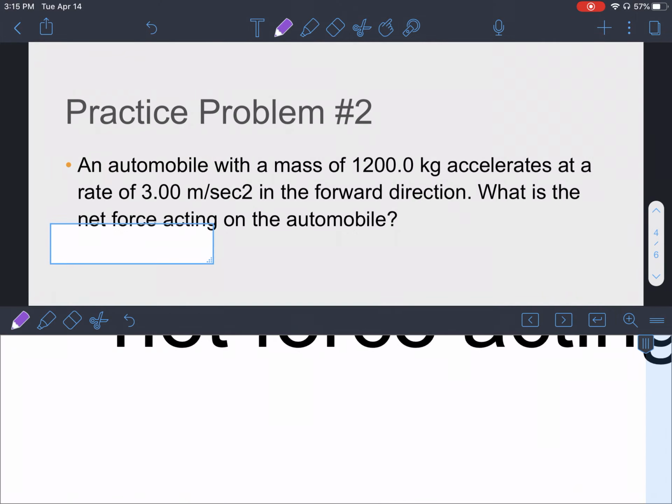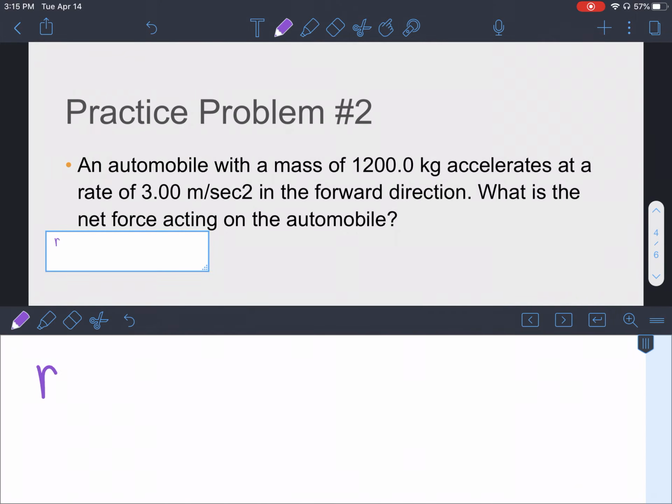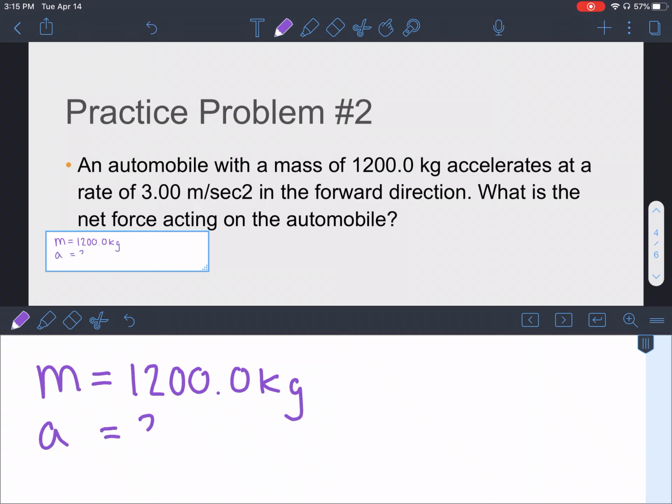Okay, I'm going to do the same thing as last time and identify what they've given me. The mass of 12,000 kilograms and the acceleration rate of 3.00 meters per second squared. And we are finding the force. So this one's very straightforward. Force is equal to mass times acceleration.